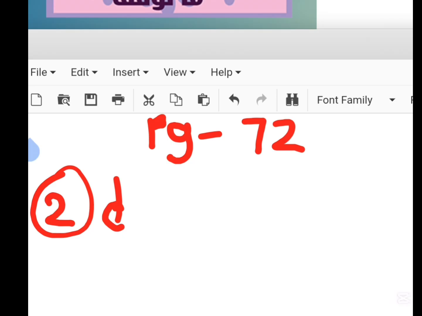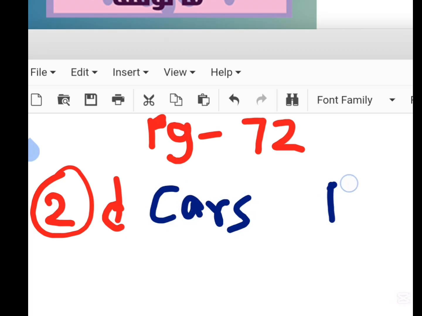Alright, what we have to do? Now I'm changing the color to blue. Cars and buses.